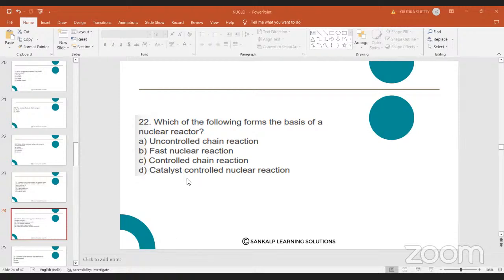But they are not using a catalyst. Actually, they are using rods. So the rods are used, therefore we can say it is the controlled chain reaction only. They can control that chain reaction. So catalyst controlled reaction, okay, we can go for option D. Option D is right here.